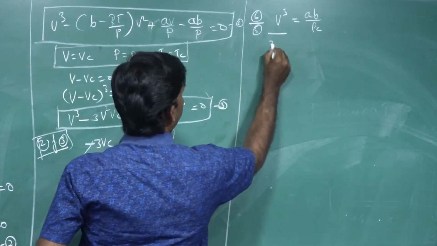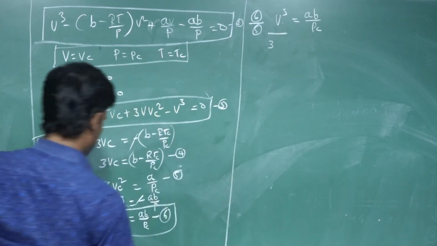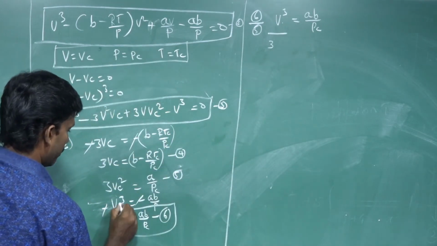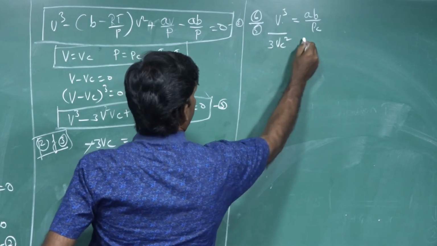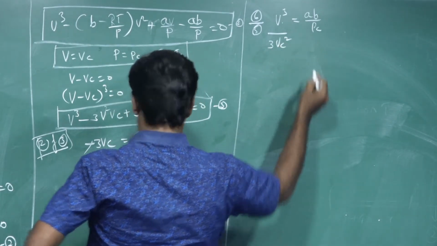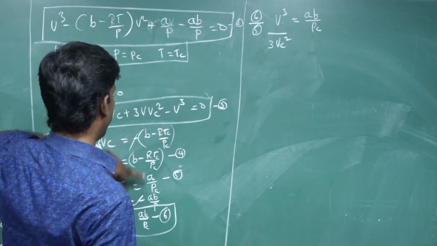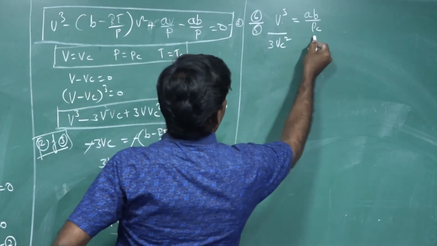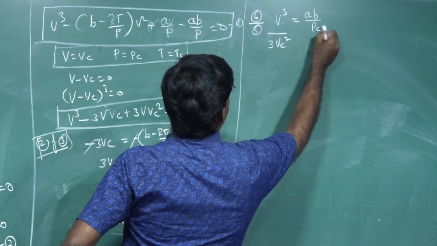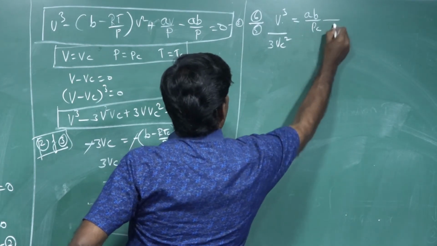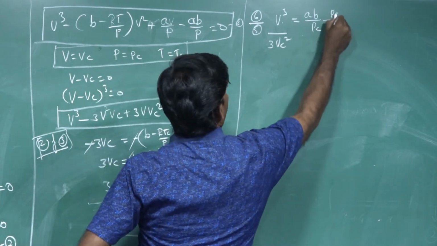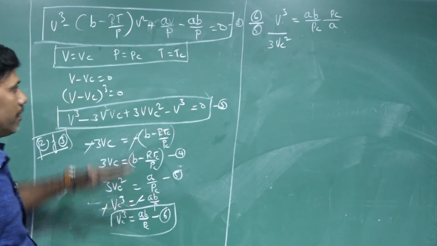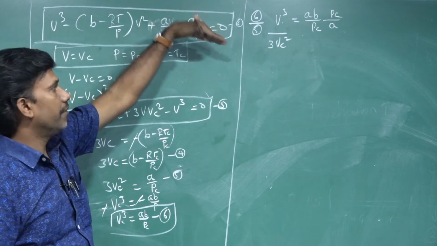What do you have? 3Vc squared, here also we have to put Vc, that is equal to, when you write equation number 5, divided by A by PC. So A above you are getting PC. Now it's clear what I am doing, dividing 6 by 5.